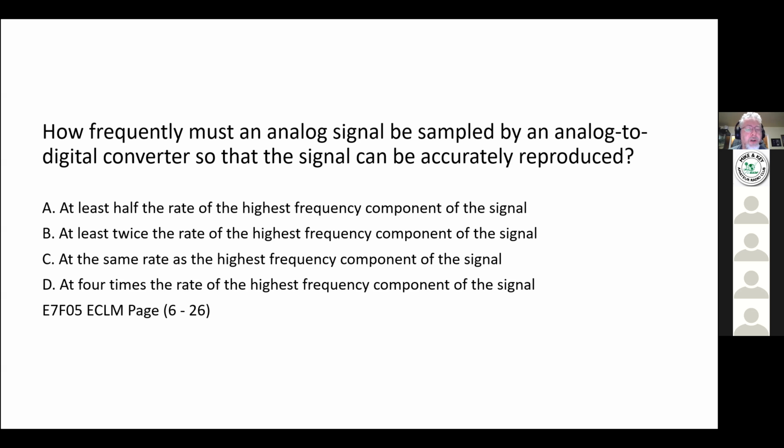C, at the same rate as the highest frequency component of the signal. Or D, at 4 times the rate of the highest frequency component of the signal. Bravo is correct. At least twice the rate of the highest frequency component of the signal.